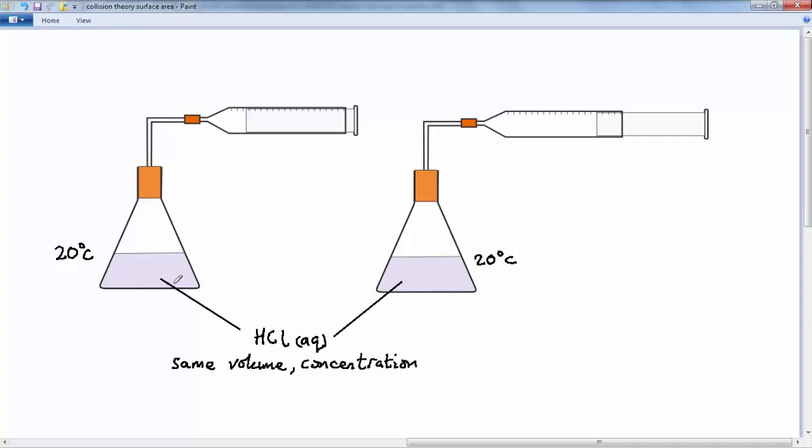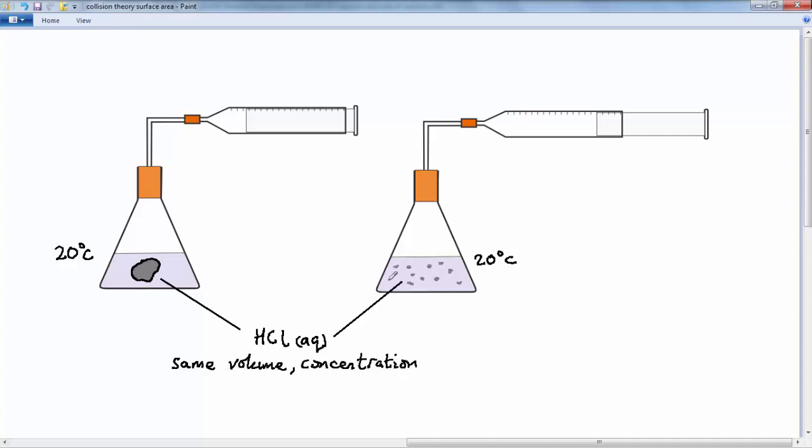The only thing we're going to change is the grain size of the zinc, with the same mass. We've got a lump of zinc in this flask. I'm going to use the same mass of zinc in the other flask, but with a much smaller grain size.